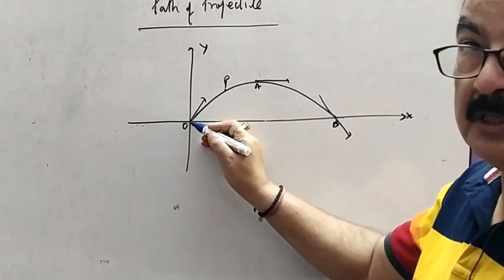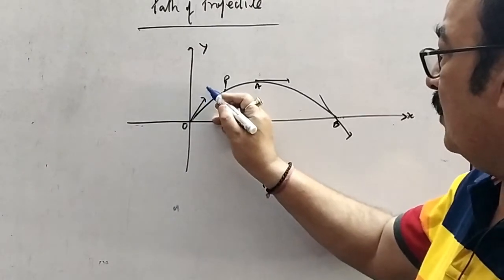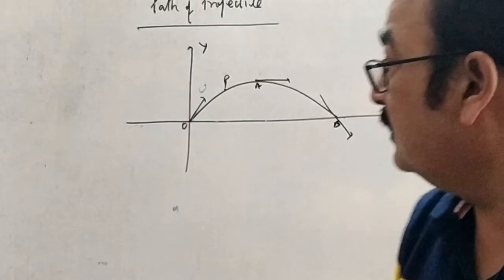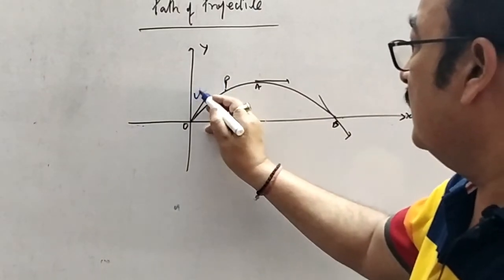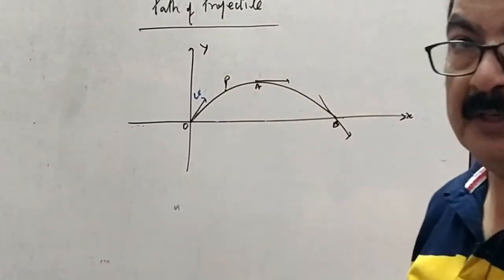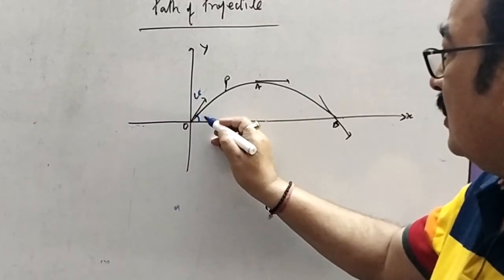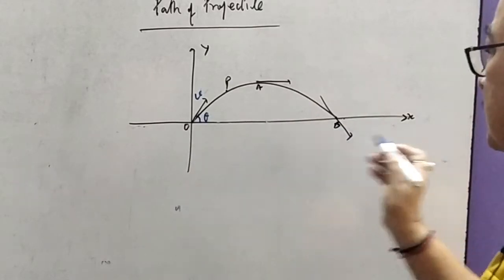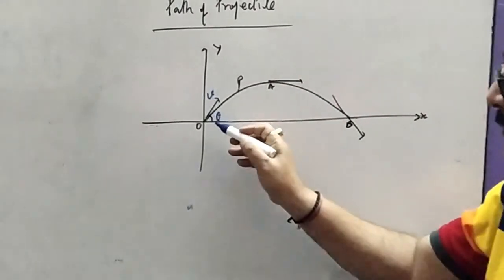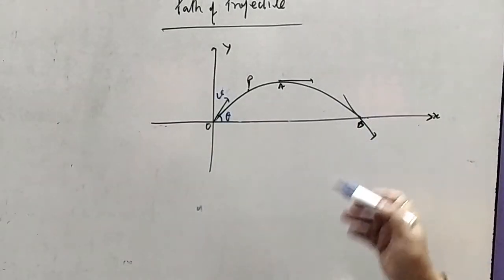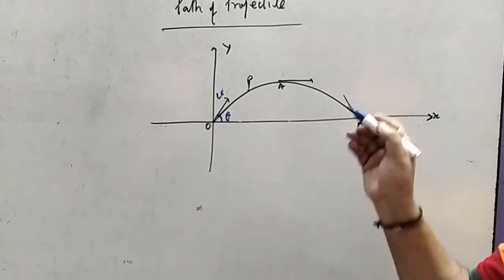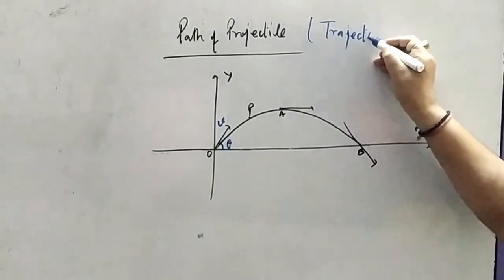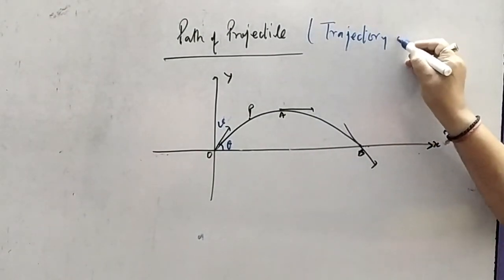This is the point of projection, and the velocity with which it was projected is v. This is your velocity v, and the angle of projection is theta. Clear? And this is horizontal, this is vertical. This path that is acquired by the projectile is called the path of projectile, also called the trajectory of projectile.